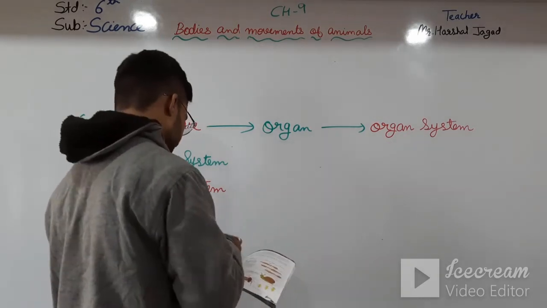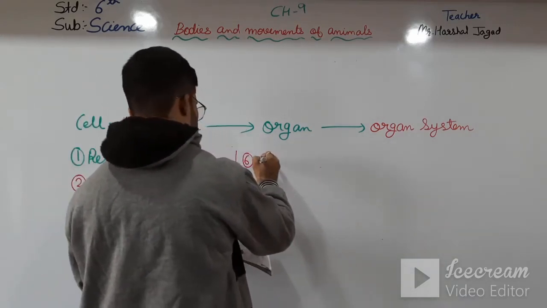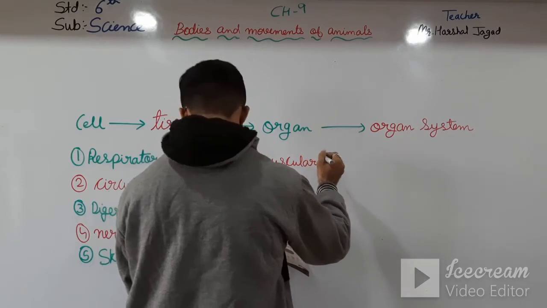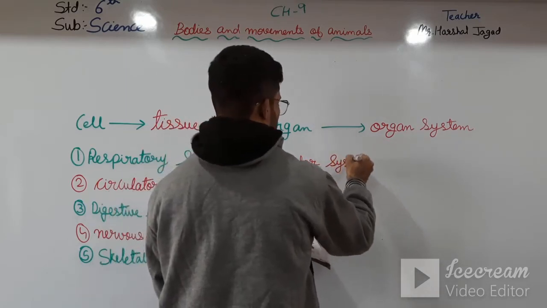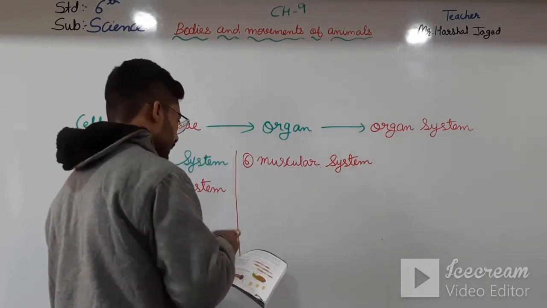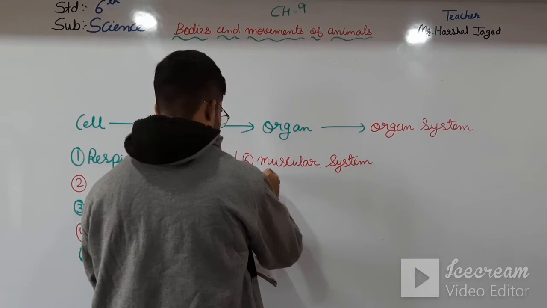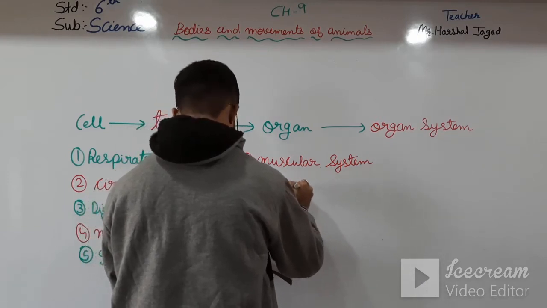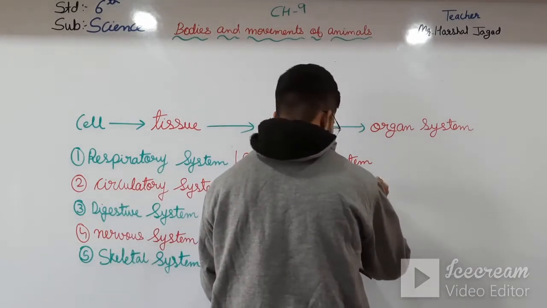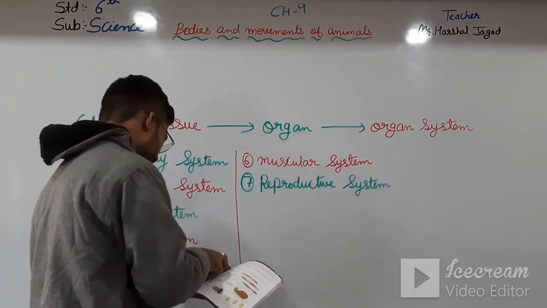Sixth one, muscular system. Seventh one, that is reproductive system. Eighth one, that is excretory system.